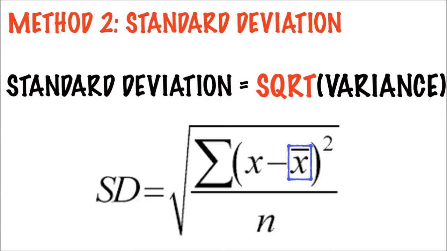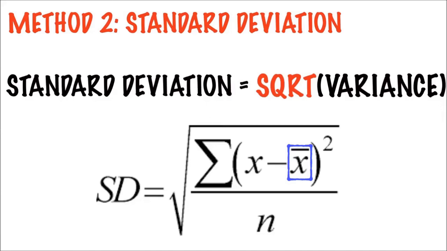We are calculating the deviation from the mean of that data point, and the mean is the x bar, which is highlighted on screen. We then square this mean deviation and we sum up all those squares. We divide this sum by the number of points in our data set, that's the n. And lastly, we take the square root of what we just found, and this gives us the standard deviation.